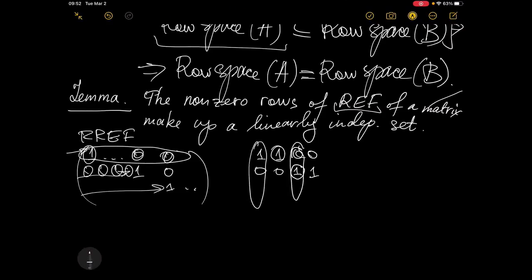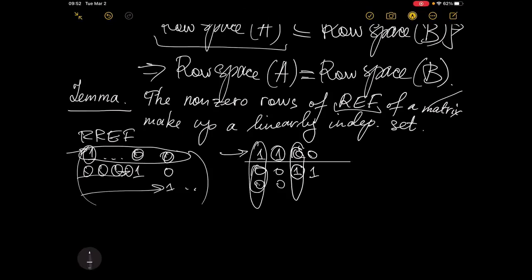Clear? Yes, so that means that both rows are linearly independent, correct? Yes, because using the rows below the first row, you cannot create the first row, right? Correct, because they all have zeros in the first column. So the first row is linearly independent with respect to the next rows.